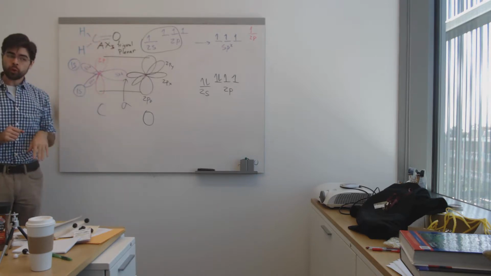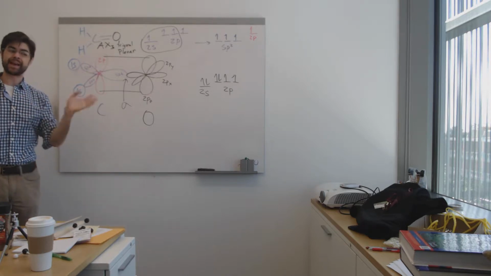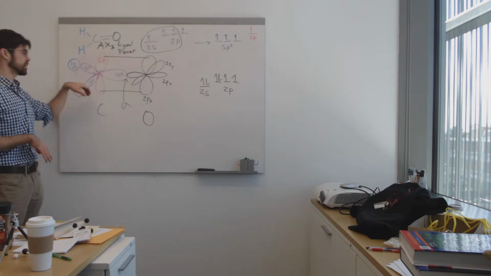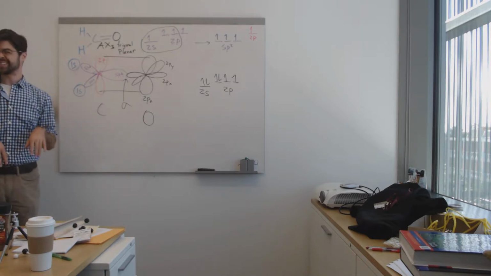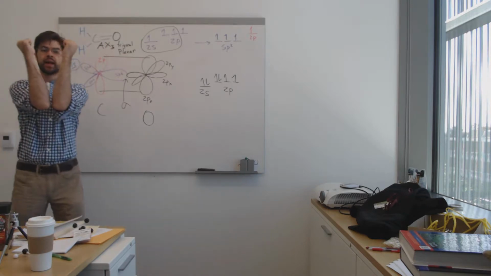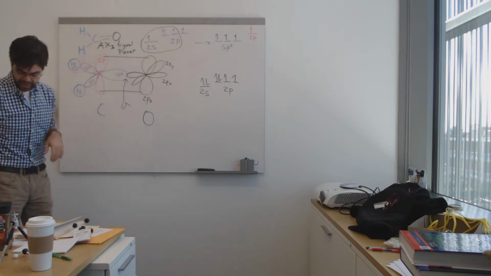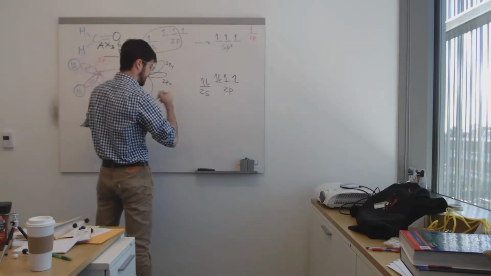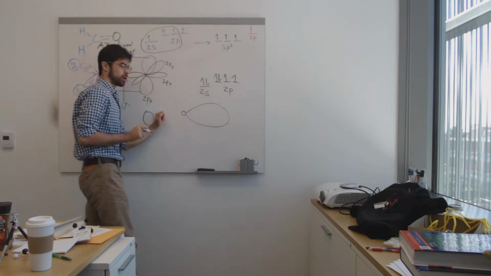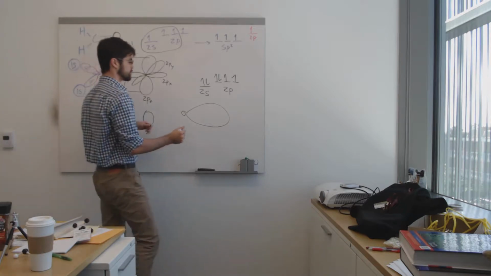You can only form pi bonds, really, with p and d orbitals. You can't form pi bonds with hybrid orbitals because they don't have the right geometry. A pi bond is one which has that above and below, that parallel style bonding. An sp2 orbital has one giant lobe and one small lobe, and it uses the large lobe to make sigma bonds.